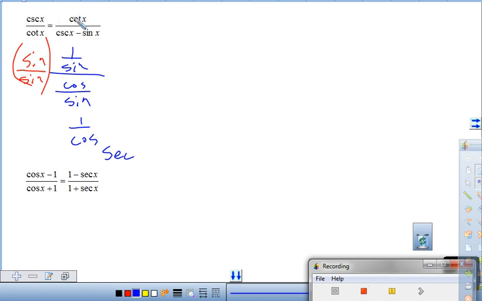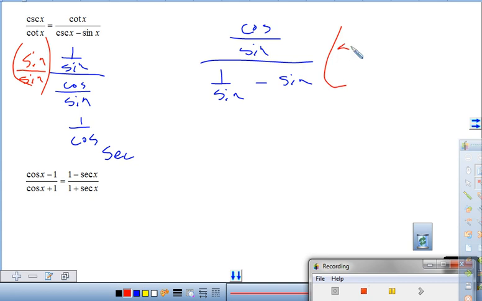So now I'm going to have to actually manipulate the right-hand side and see if I can make some changes with that. So first thing, again, I'm going to do is take all these and express them in terms of sine and cosine. So I have the cosine over sine as the cotangent. Cosecant is 1 over sine minus sine. Now again, I notice that these all have sines in common. So I'm going to multiply the top and bottom by that sine. That'll cancel there and leave me with a cosine on top.